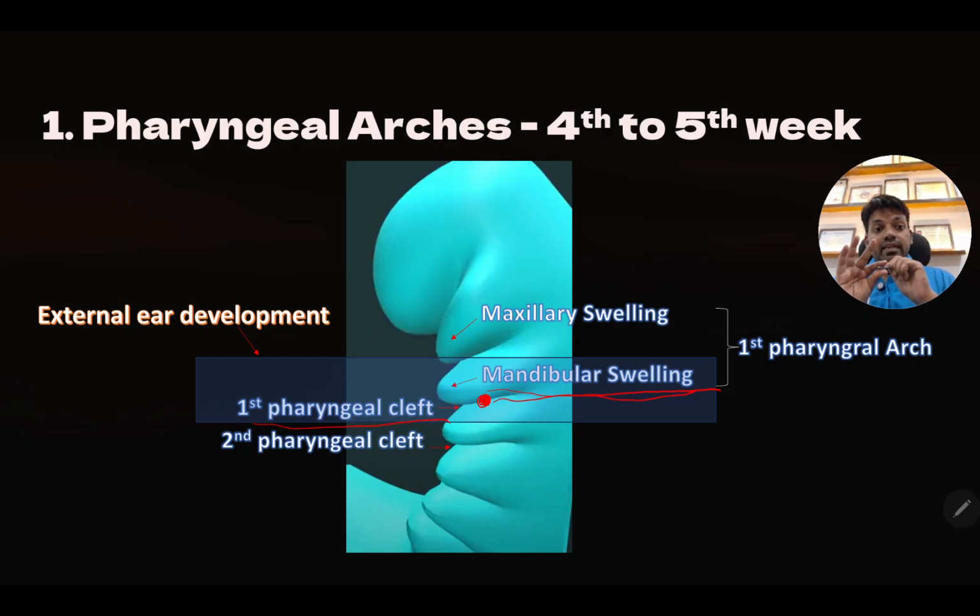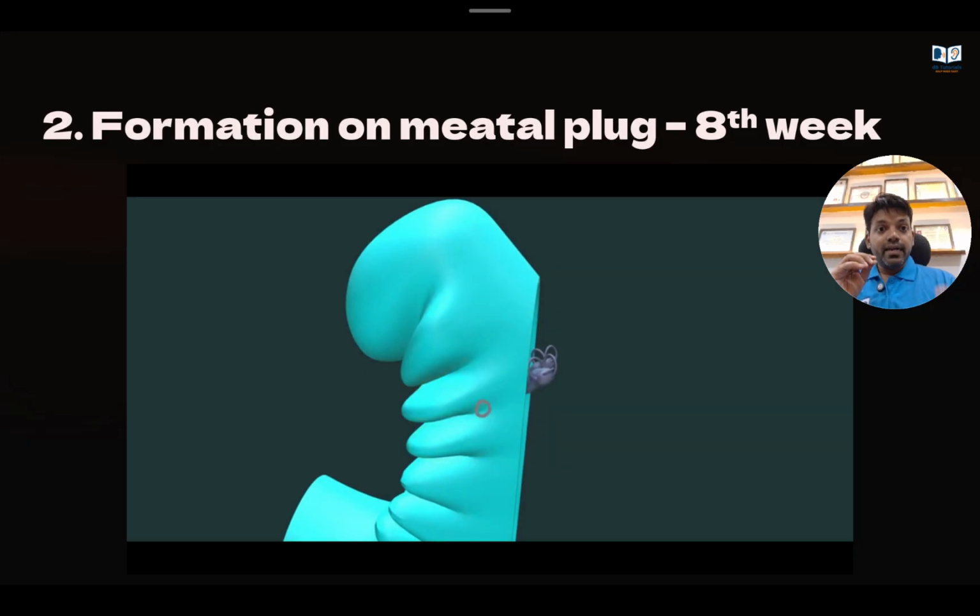Now a depression is formed and that creates something called a meatal plug. See, this is a meatal plug. There is a depression formed here, right? And that depression extends into the meatal plug, not the ear canal. The ear canal is different; we will see when it is called the ear canal.